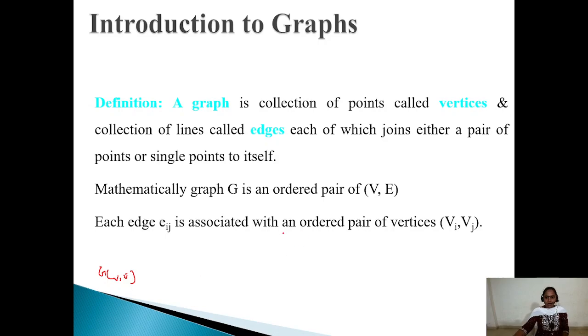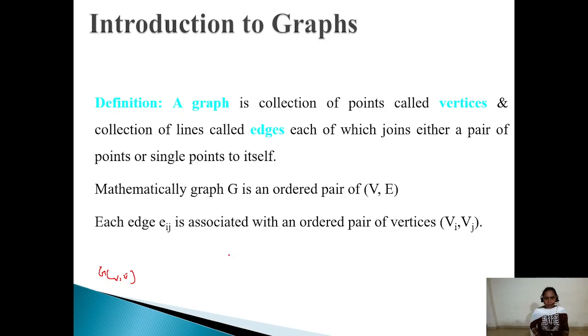Mathematically, a graph is an ordered pair of V comma E. Each edge E of Ij is associated with an ordered pair of vertices V of I comma V of J, which means vertices of I comma vertices of J.